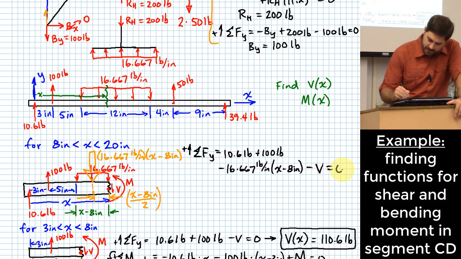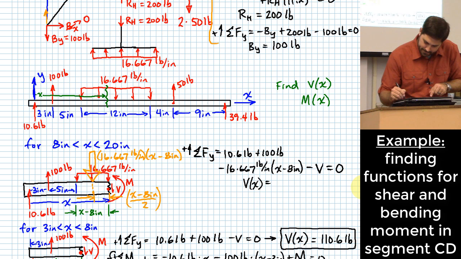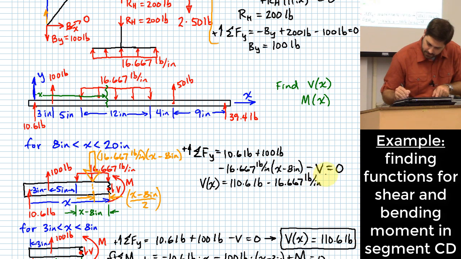Minus V equals 0, which tells me that V of x will be, I'll use the same value here, 110.6 pounds minus 16.667 pounds per inch times x minus 8 inches.